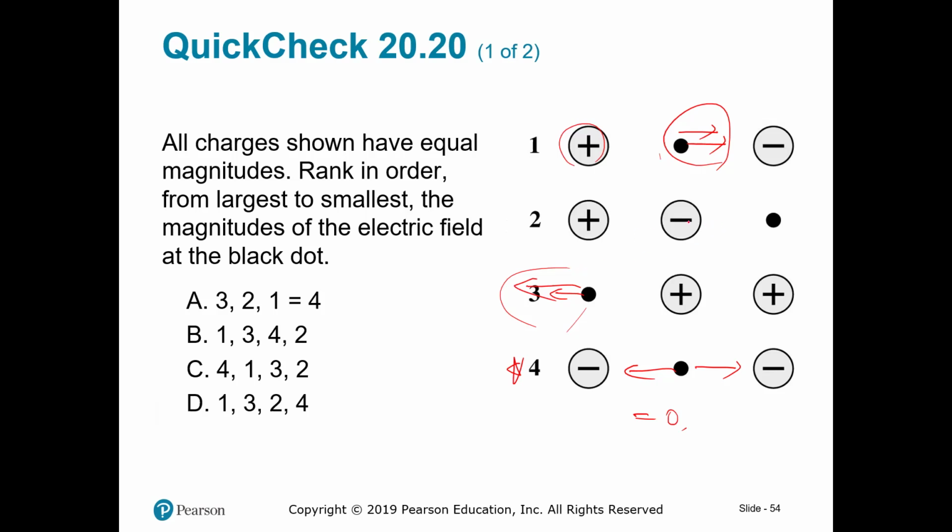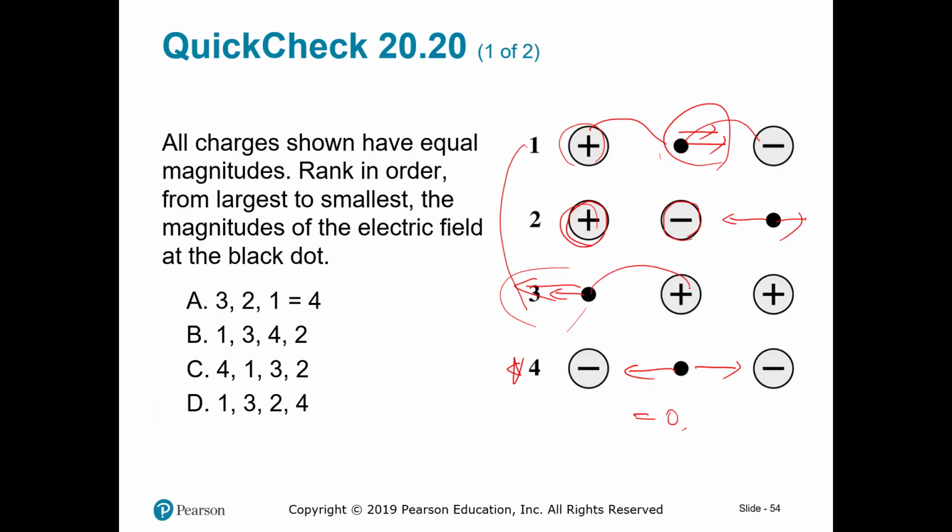For number 2, the electric field due to this electron is toward it. The electric field due to this proton is away from it. So you have to subtract these two electric fields, right? So number 2 is the least. And then you have to compare number 1 and 3, which one is greater, right? The distances here have the same contribution, same distance.